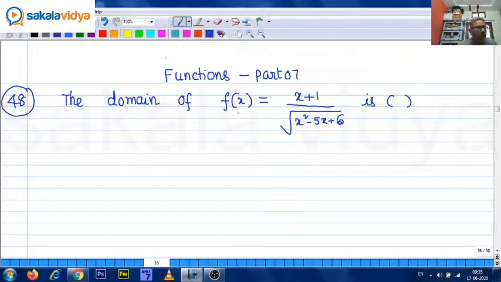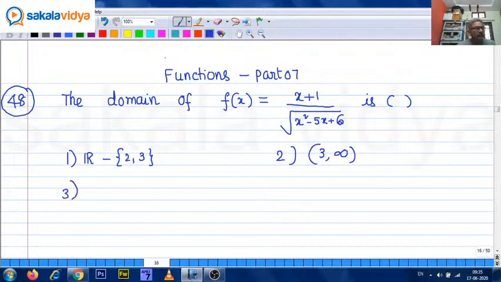First option: R minus {2, 3}. Second option: open interval 3 to infinity.